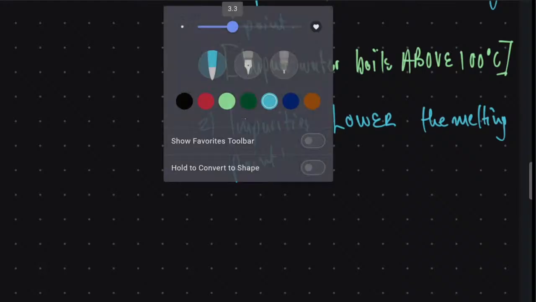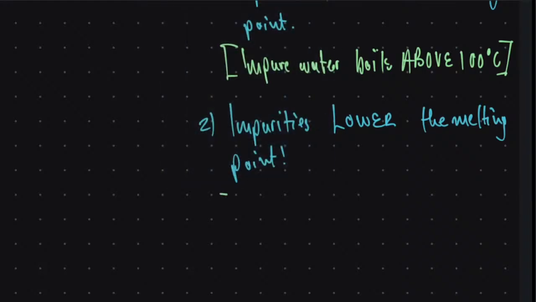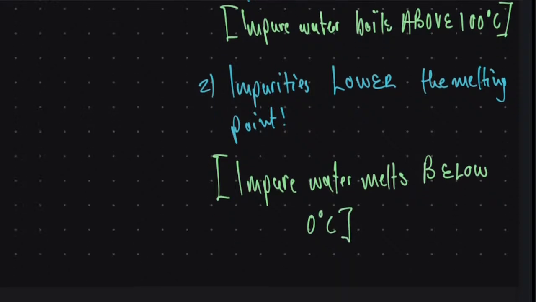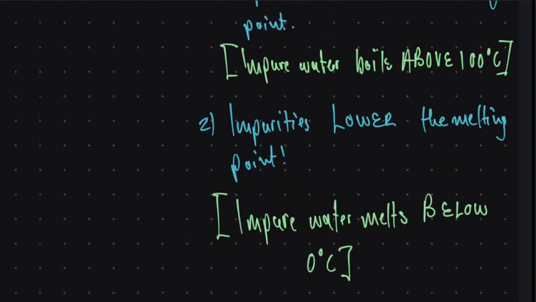We know that impure water melts below 0 degrees Celsius. Before it's 0, you see it being liquid. Oh, that's not pure water. Are we together?